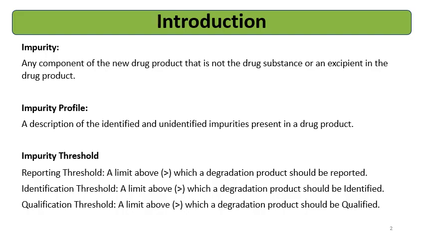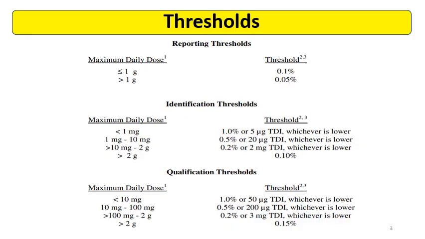Then coming to the next, the threshold values given in the guidelines, and the thresholds are based on the maximum daily dose. So maximum daily dose means the dose of the formulation or drug substance which is given within 24 hours to the patient, and based on that the reporting threshold, identification threshold and qualification threshold are given.